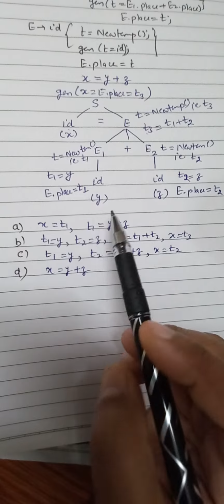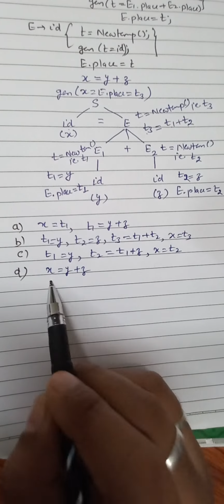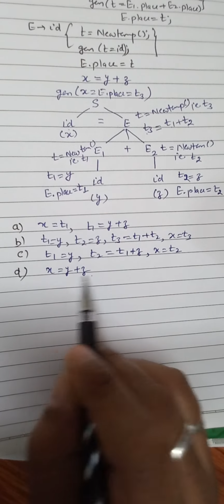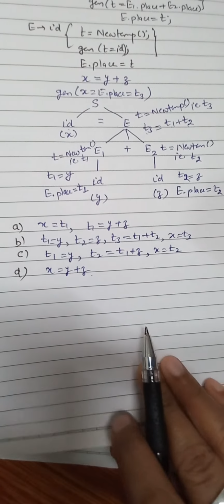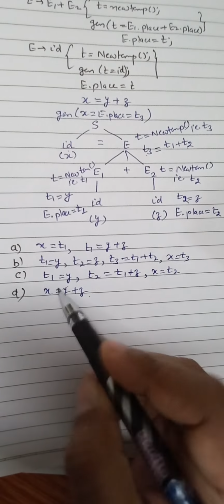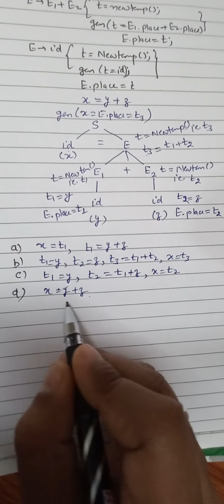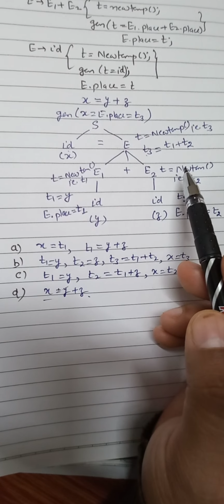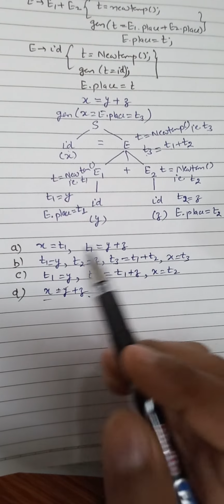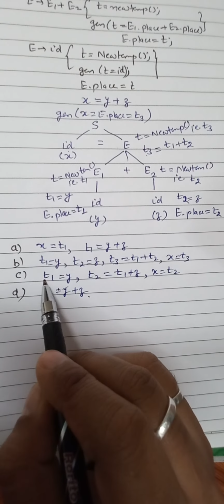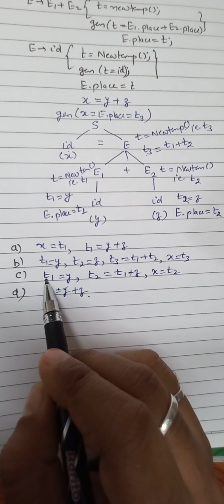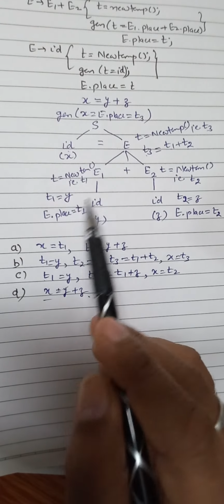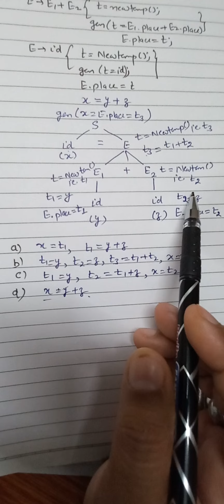We can start from here. No temporary variable is here, so it cannot be the answer. Or we can say when no temporary variable is given, then this will be the answer, because here we are taking a temporary variable every time. And in option C, we have a temp variable only on the left hand side, but for E2 we don't have a temp variable.